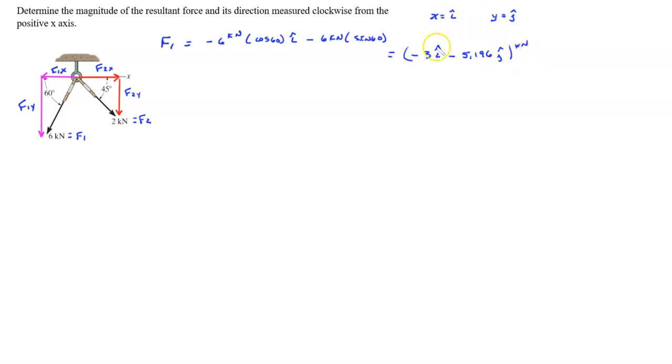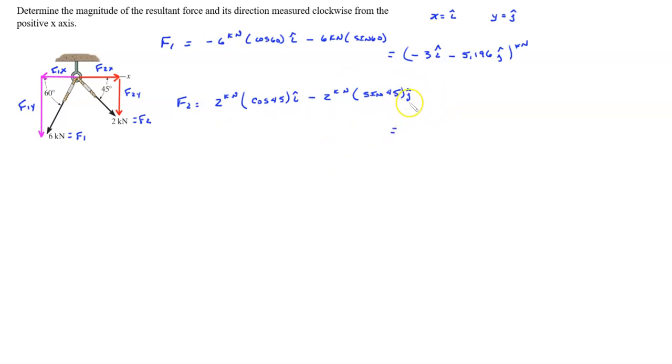Do note again, this is our x and this is our y. So for force 2, our x is positive, so this would be a positive 2 kilonewtons times cosine 45, i hat, since this is the adjacent side, minus, again, because the direction of this force vector is going down, 2 kilonewtons times the sine of 45, and we're symbolizing that in the y-axis.